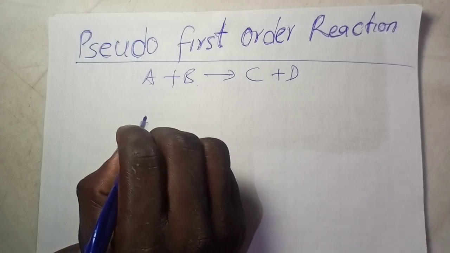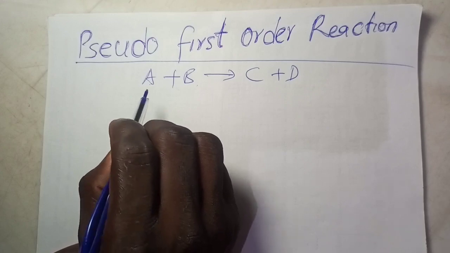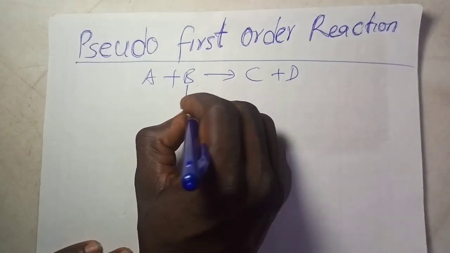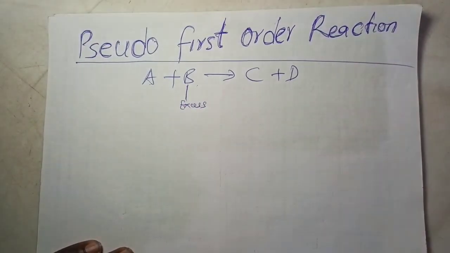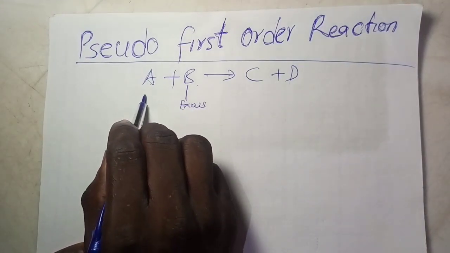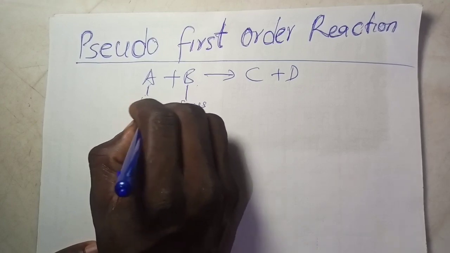Let me say that B is in large excess, and A is in low concentration.